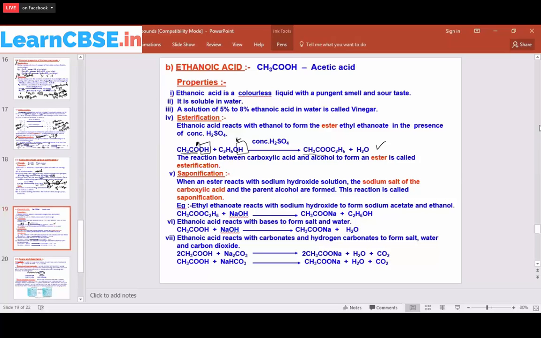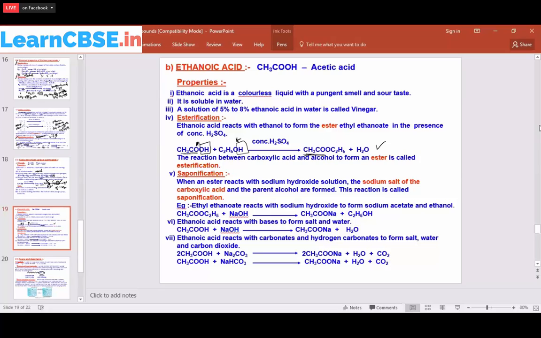That has to be combined with where the bond is breaking over here in the next one. So CH3CO, we have to write like this. Then here the hydrogen only we have removed. The oxygen is there. So we have to write the oxygen, then C2H5.